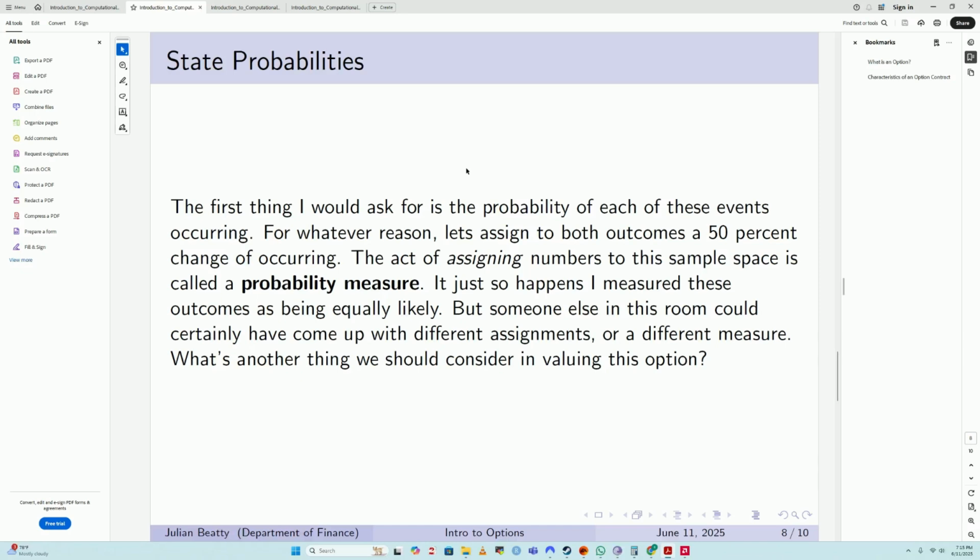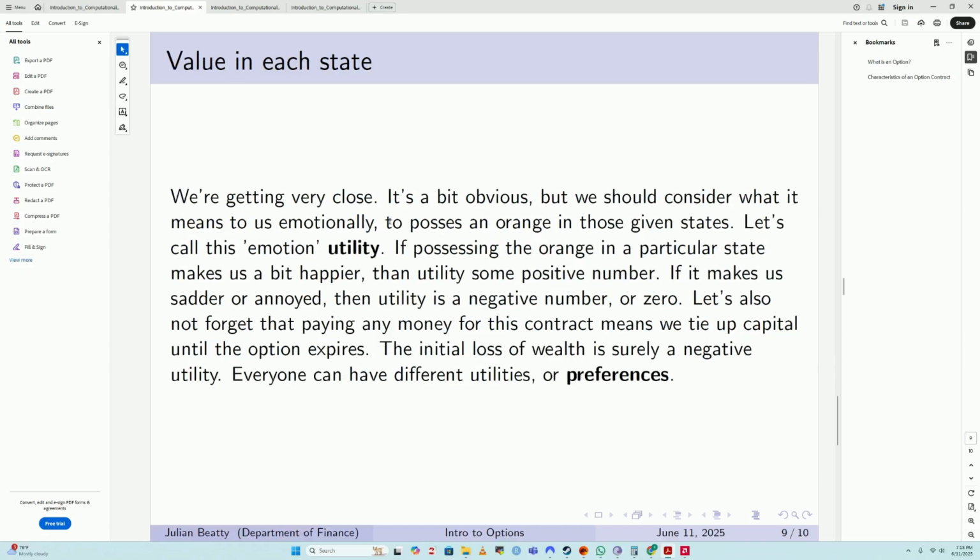So what's another thing we should consider in valuing this option? The value in each state. It's kind of obvious, but we should consider what it means to us to emotionally possess an orange in the given states. And we can call this emotion utility. So if I possess an orange in a particular state that makes me happy, we can say that the utility is positive, some number.